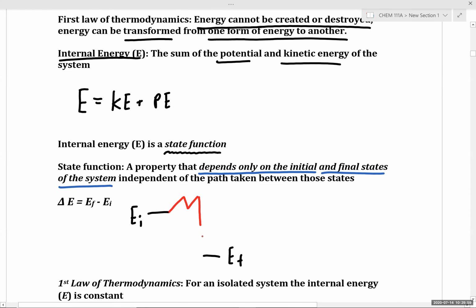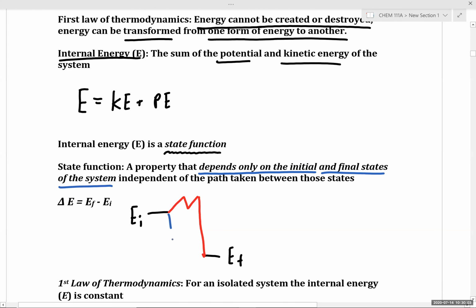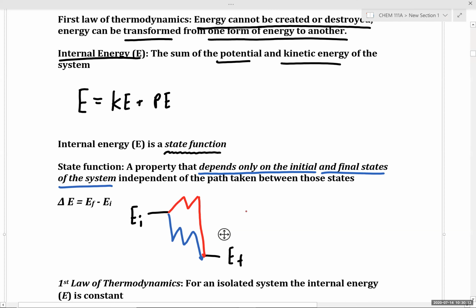It doesn't matter how we go from initial to final state. We can take this jagged path, we can take another path that goes through a slightly different series of steps. And the main key feature of a state function is that the path from initial to final state does not matter.